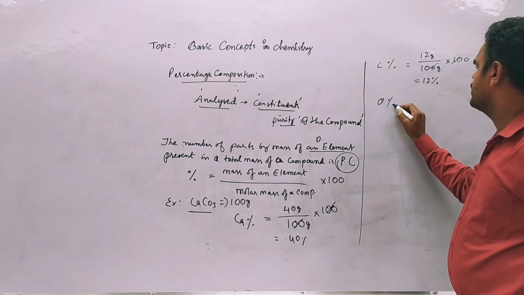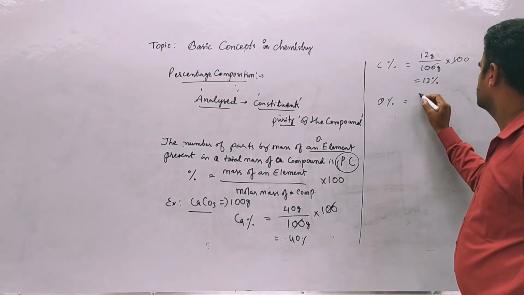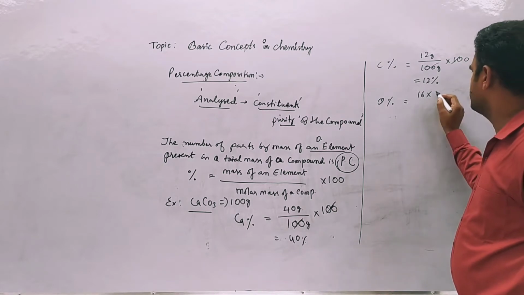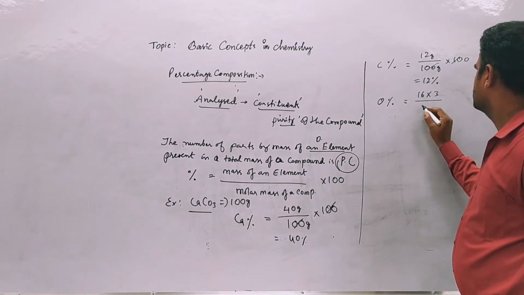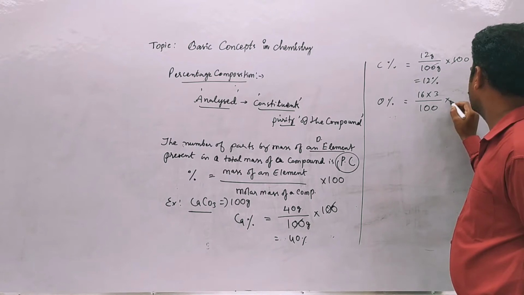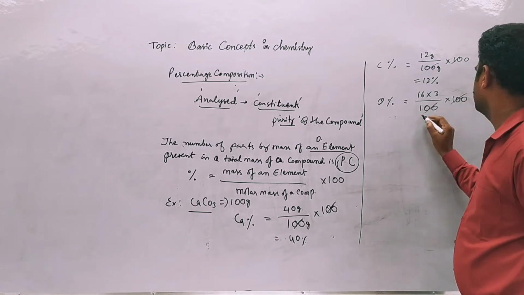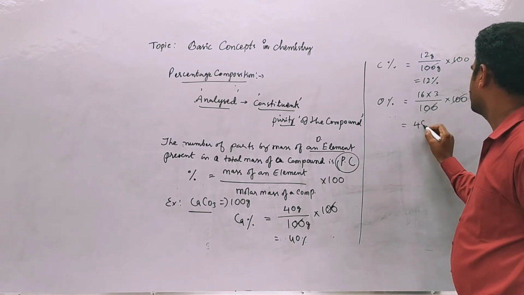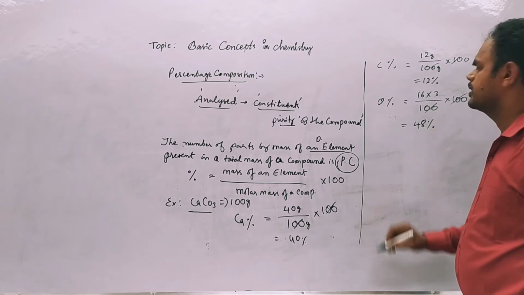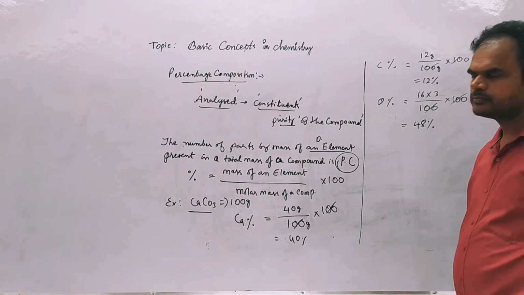And percentage mass of the oxygen if you want to calculate: 16 into how many oxygen atoms are present in the formula? 3. So upon 100 grams into 100, if you simplify it, you will get 48% by mass of oxygen.